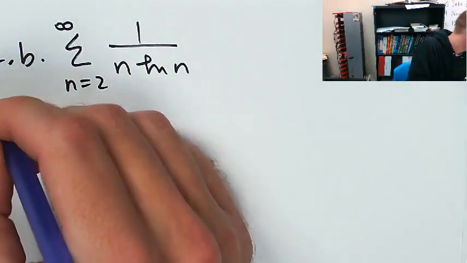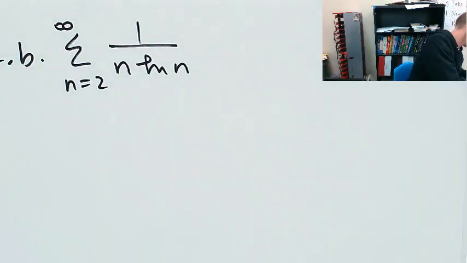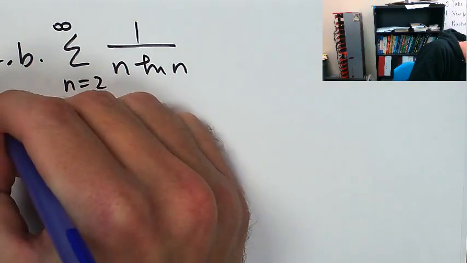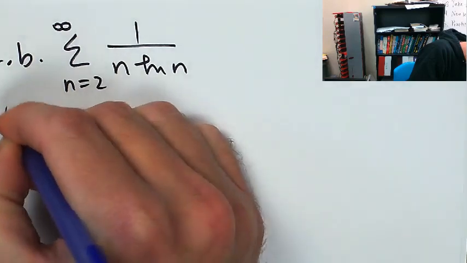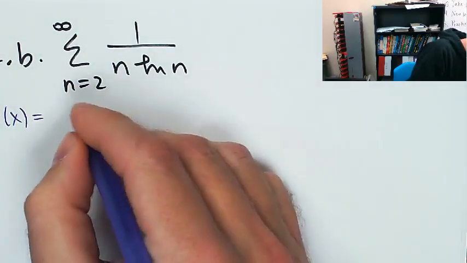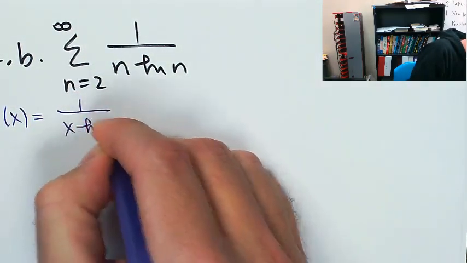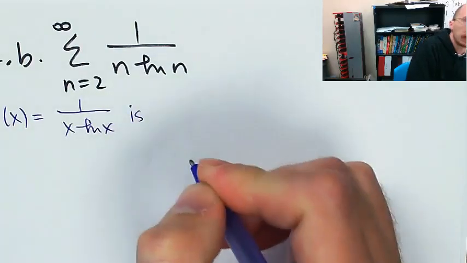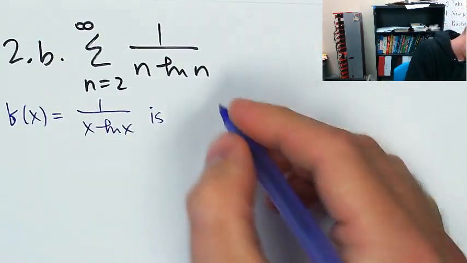I'm going to say f of x equals 1 over x times the log of x is continuous and positive and decreasing.